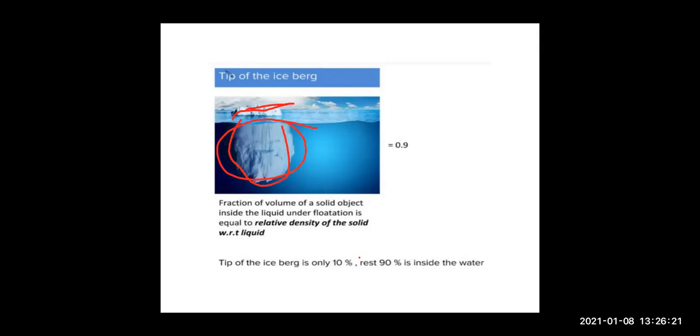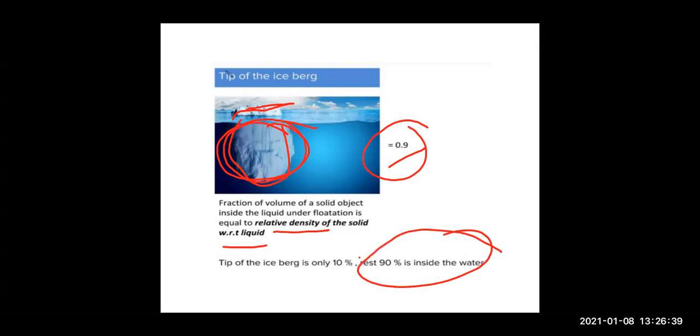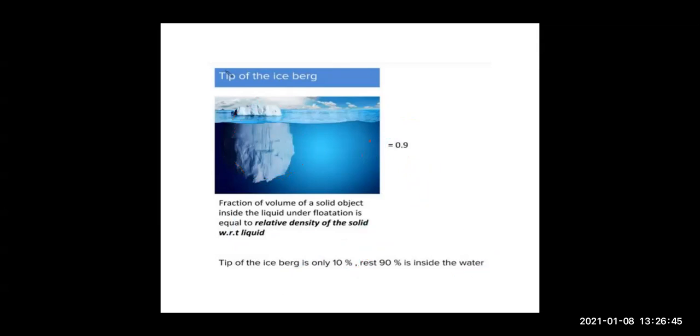Suppose we take ice and water, with the ice immersed in water. If the relative density of ice with respect to water is 0.9, it means 90% of the ice is in the water and the remaining 10% of the ice is floating above the water.